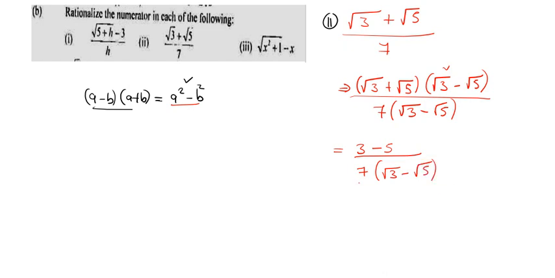What is 3 minus 5? That would be negative 2. Negative 2 over 7, open bracket, root 3 minus root 5. So this is the answer that you needed. You can pause the video and see how we have solved this one, then try on your own.